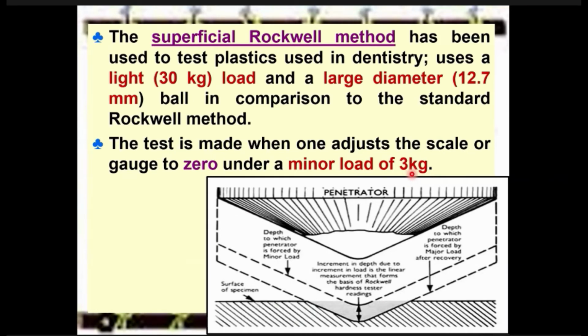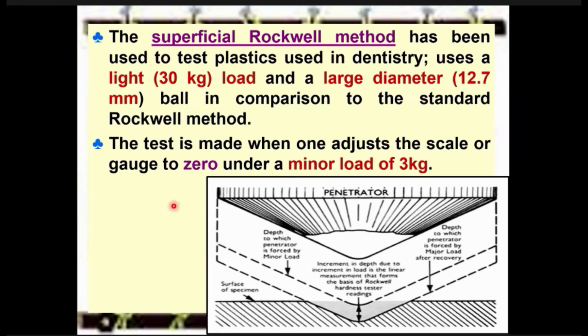In this preload, the indenter will simply touch the surface and apply a very minor load, for example, 3 kilogram. This step is just to make sure the indenter is touching the surface. Once we are sure it is touching the surface, we apply another major load, which can range up to 30 kilogram.